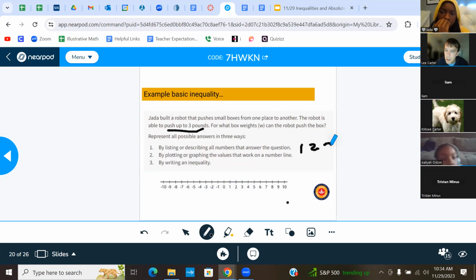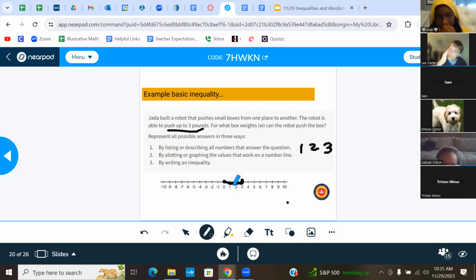So technically it can use 3 pounds also. Okay. So the way that I look at this is, it can push from 0 to 3 pounds right here, right? That's what the robot can do. Now, can it do 3 pounds? Yes. So I'm gonna put a little dot right here. Okay. It doesn't make sense to say you can push negative pounds.